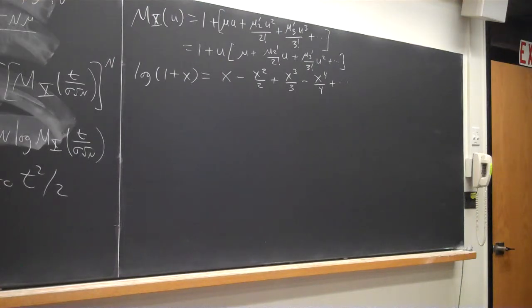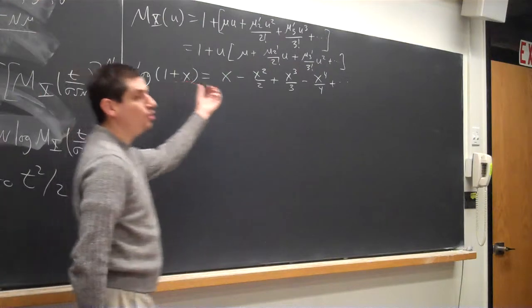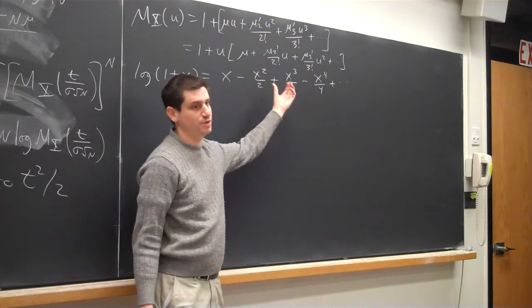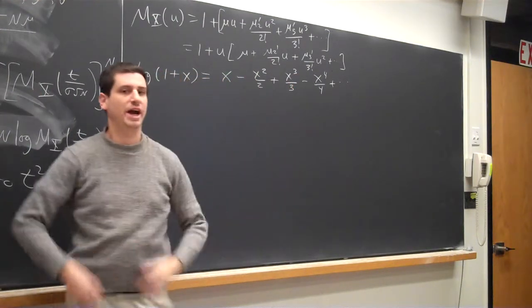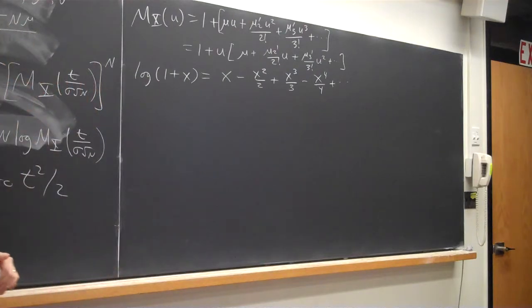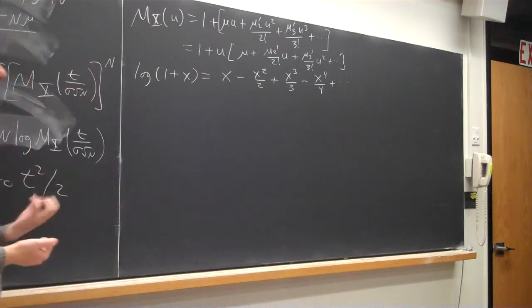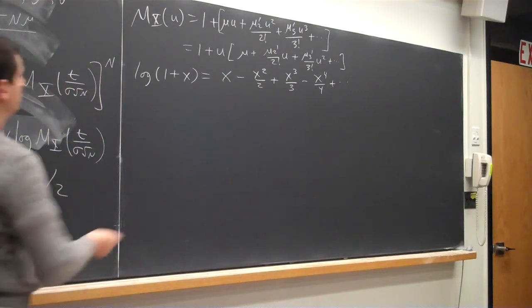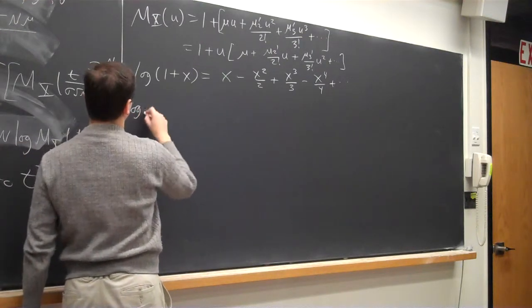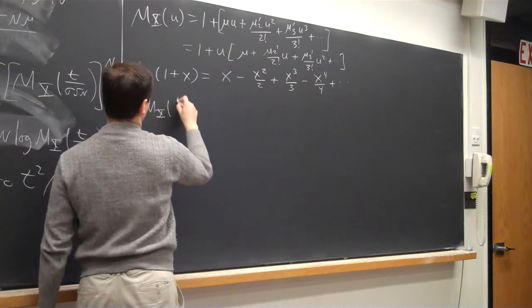The difficulty is we no longer have a closed form expression for the moment generating function, so I have to go through this general Taylor series expansion. Fortunately, we don't need to go deeper than second order. If we needed to, it's just more algebra. There's no new idea needed. It's just patience.